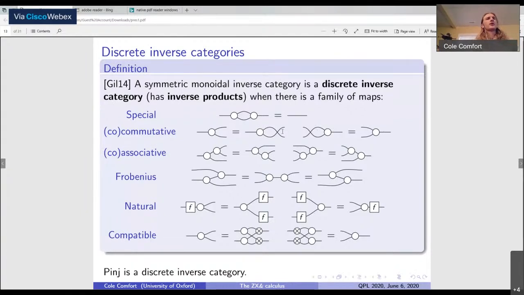But if you have a symmetric monoidal inverse category, it's called a discrete inverse category if you have this semigroup and co-semigroup that interact together to form a non-unital Frobenius algebra that's special. So semigroup, co-semigroup, special, Frobenius. That's also natural, so it copies all maps, and is compatible with the monoidal structure in an obvious way. And of course, PInj is a discrete inverse category.